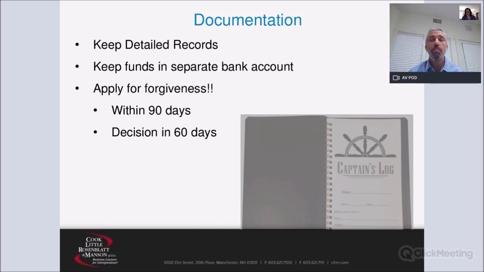One tool for that would be to keep the PPP loan proceeds in a separate bank account. And what we've had some clients do is to draw on that account only PPP expenses that they think would be forgiven. So for example, you could pay your rent directly out of your PPP loan funds account. When payroll is due, calculate how much of the payroll that you have due would be a forgivable expense for your PPP loan proceeds.